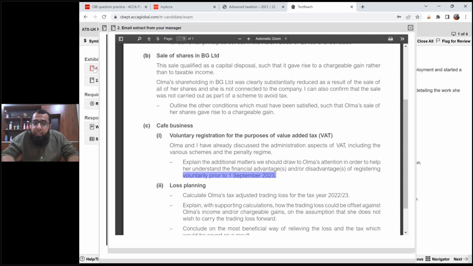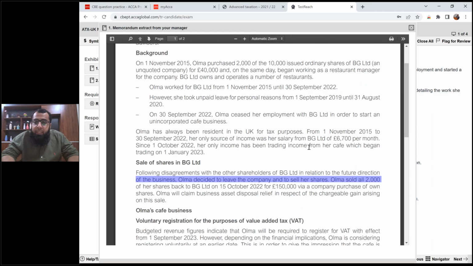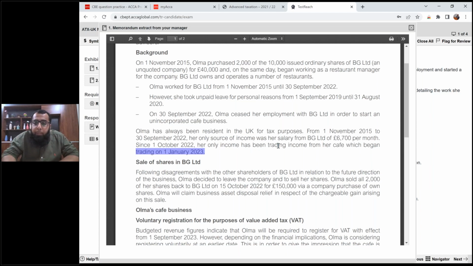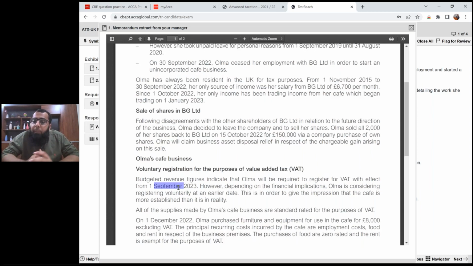Now, if I go back and read the situation, Alma will start her business on 1st January 23. Her business will start from January 23, but compulsory registration will apply from September 23, so almost after 7 months.